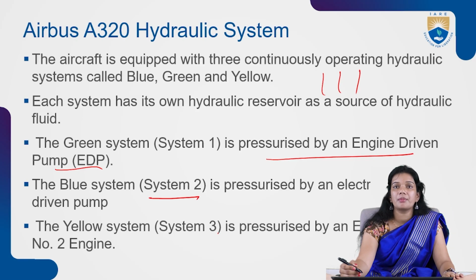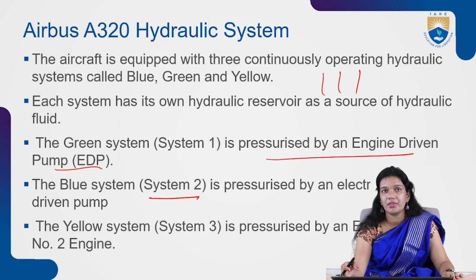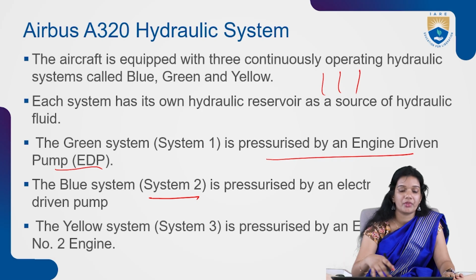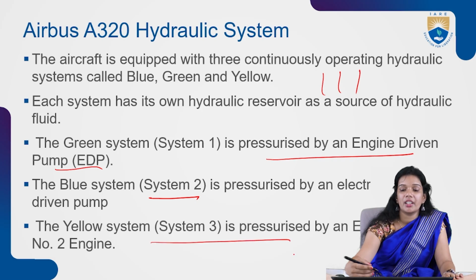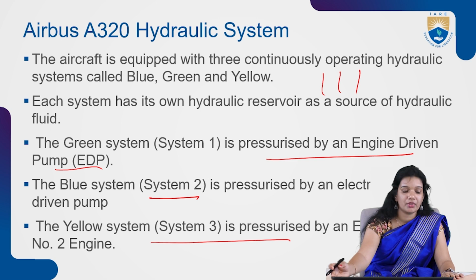This blue system is pressurized by an electric motor driven pump. So it is a little bit different from the green system. The green system is driven by engine driven pumps, whereas the blue system is driven by electric motor pumps, right? Then you have the yellow system. The yellow system is pressurized by EDPs, which are driven by the second engine, number 2 engine, right?